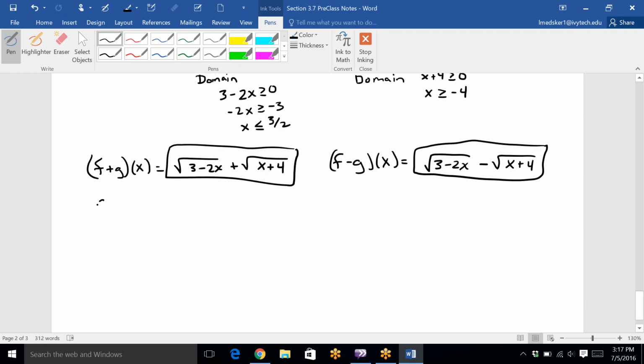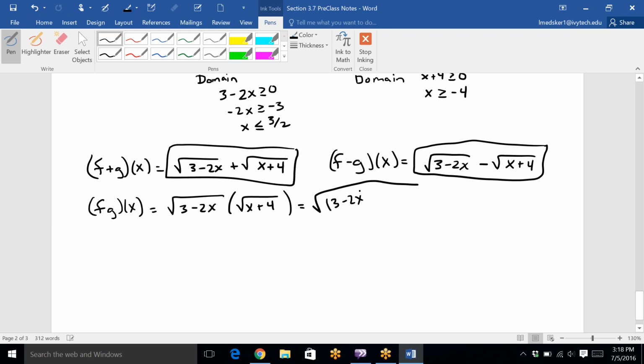Let's do f times g. This one we could do a little bit more work with, because as long as our answers are real numbers, and we're going to force them to be because that's what we're talking about with domain, and we're talking about functions which have real numbers only, we can multiply this together using the rule that says it can become one big radical where you times the binomial's inside. So that is a property that you can do only when multiplying.